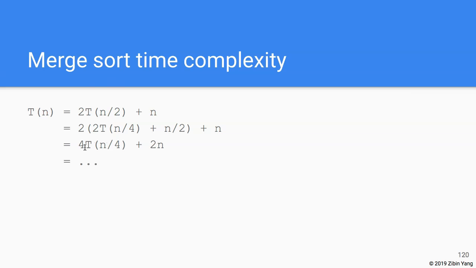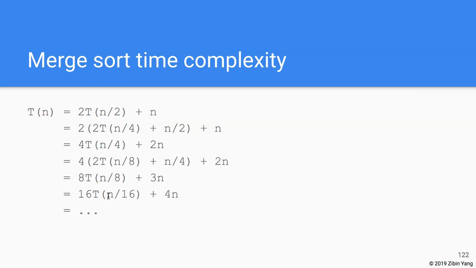Okay, and we can do this again. We can substitute n divided by 4 for n here, and then we end up with 8T of n divided by 8 plus 3n. Hopefully you see the pattern here already: 4T of n divided by 4 plus 2n, the next one is 8T of n divided by 8 plus 3n, and then the next one would be 16 times T of n divided by 16 plus 4n, right?